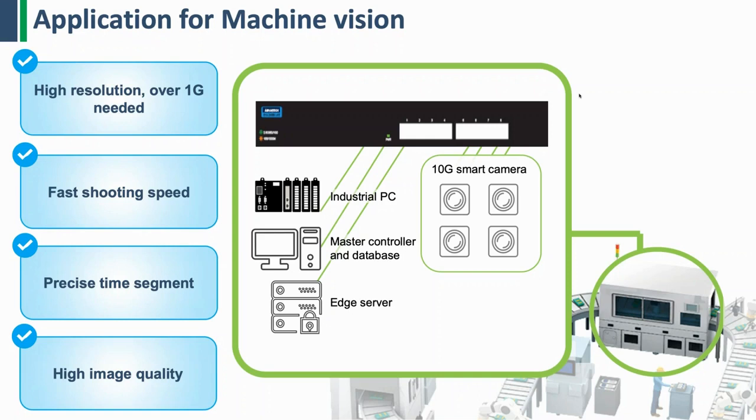So you can imagine that shooting at that frame rate with uncompressed data, we're going to generate a lot of data coming out of these cameras. 1 gig is sometimes enough, but sometimes we may need a 10 gig feed to support the camera correctly. So machine vision is a developing market, and as a company, and from the ICG product division perspective, it's an area we are getting heavily involved with.